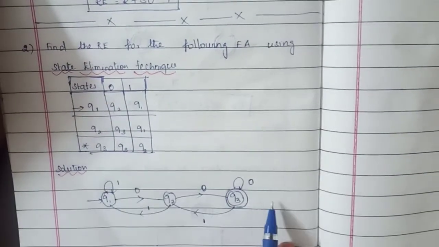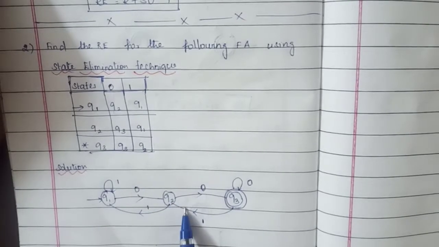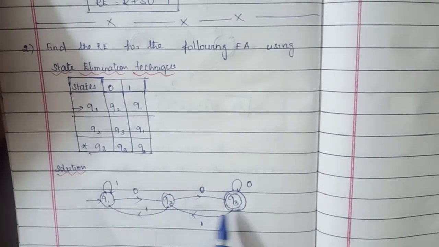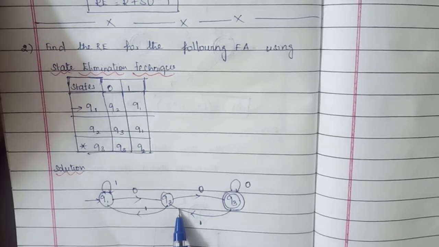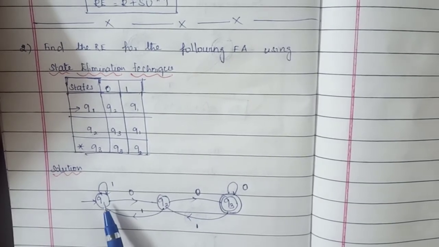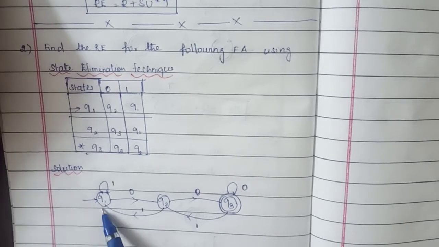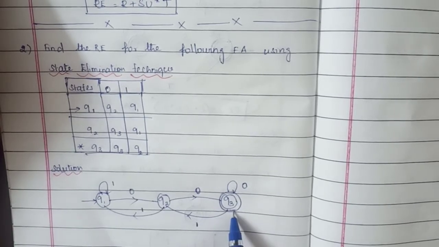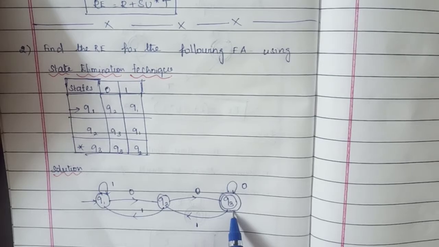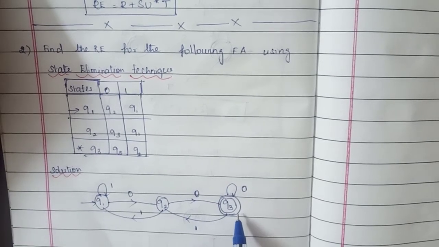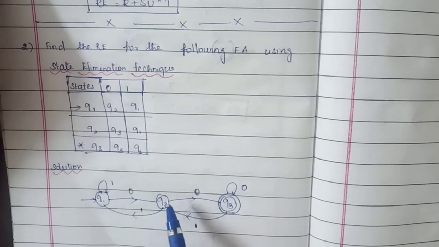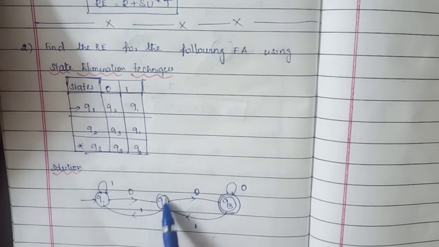Looking at this diagram, Q2 is an intermediate state, and we need to eliminate it. For the final regular expression, only the start state and final state are needed, so the only thing we need to eliminate is Q2.